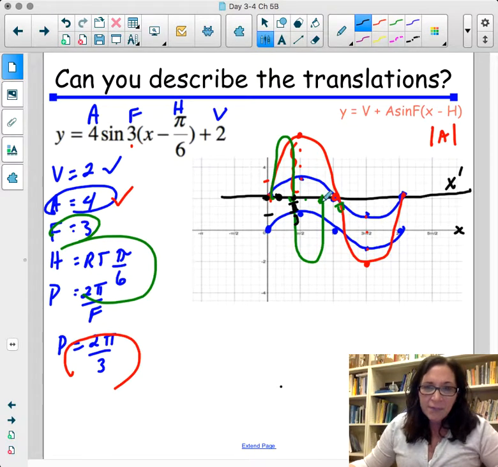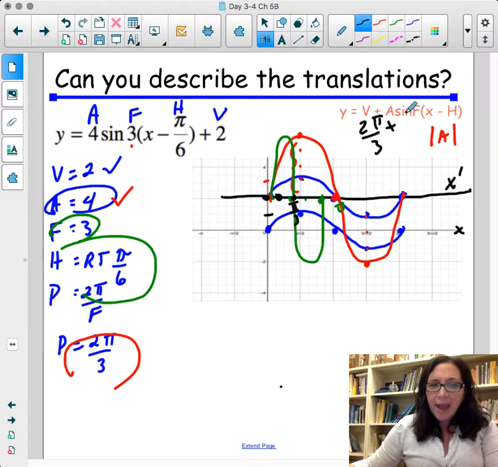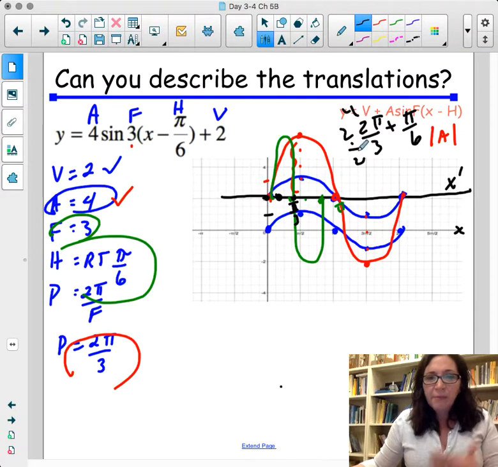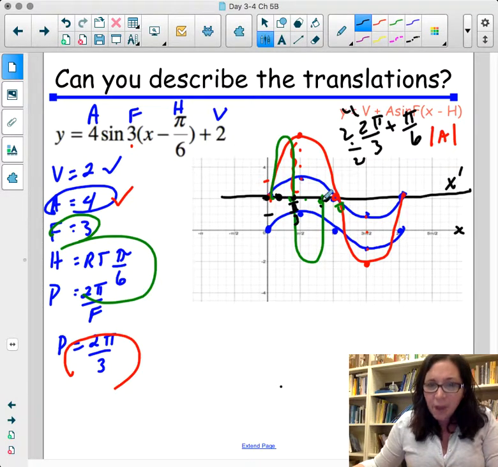So meaning if this ends at 2 pi over 3, where am I actually ending if I add pi over 6? Well, let's get a common denominator, and we've got 4 plus 1, which is 5 pi over 6. So instead of ending at 2 pi over 3, I'm ending at 5 pi over 6.